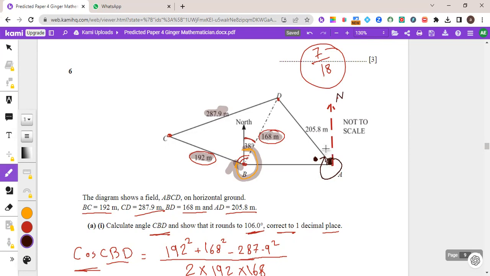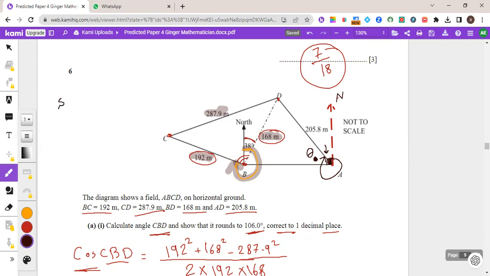So I know this angle. Then I subtract this angle from 360, right? Yes. Okay, so this angle, for example, is theta. How can I find theta?